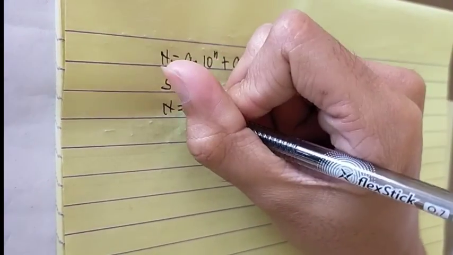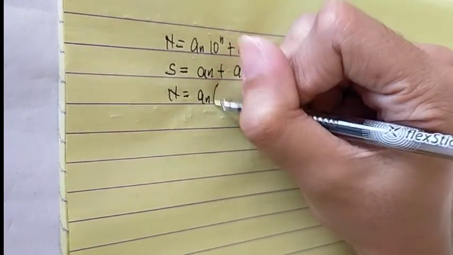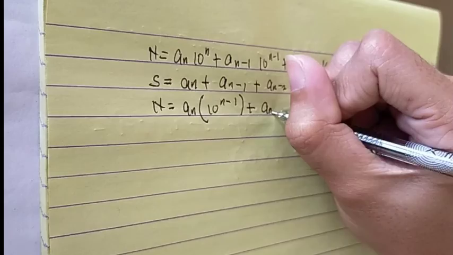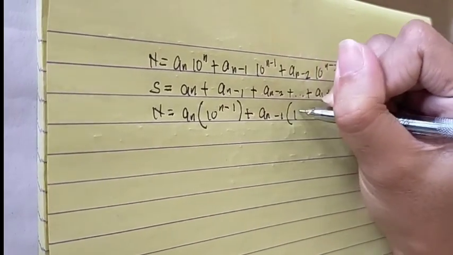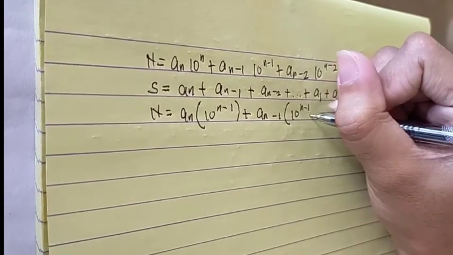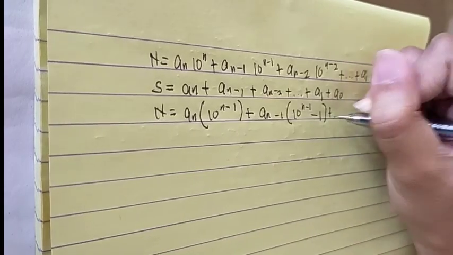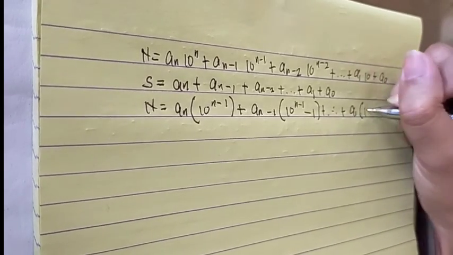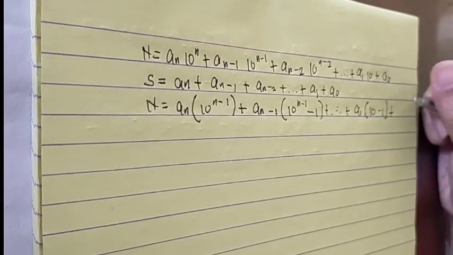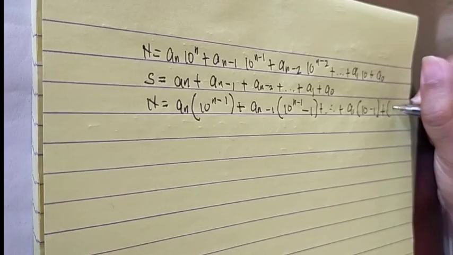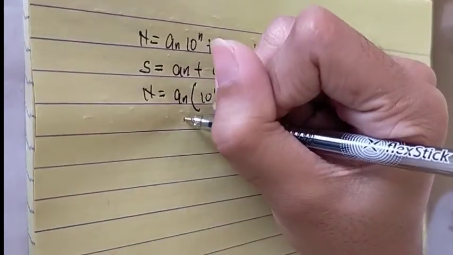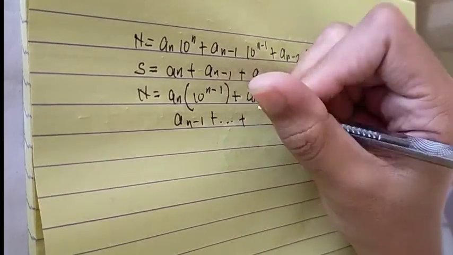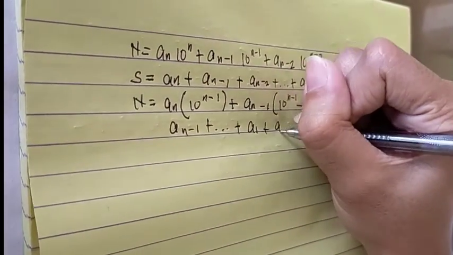Then N equals a sub n times the quantity 10 raised to n minus 1, plus a sub n minus 1 times the quantity 10 raised to n minus 1 minus 1, plus ..., plus a sub 1 times the quantity 10 minus 1, plus the quantity a sub n plus a sub n minus 1 plus ... plus a sub 1 plus a sub 0.